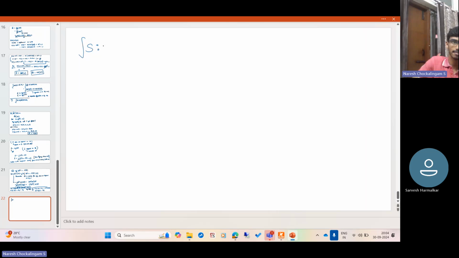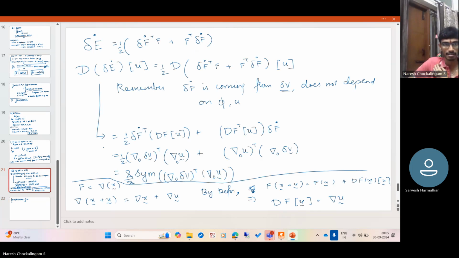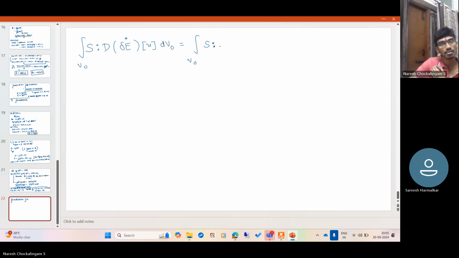S colon the directional derivative of the virtual Green-Lagrange strain rate in the direction u dV naught is equal to the integral over V naught of S contracted with what did we just get here? We get it to be equal to the symmetric part of del v transposed.